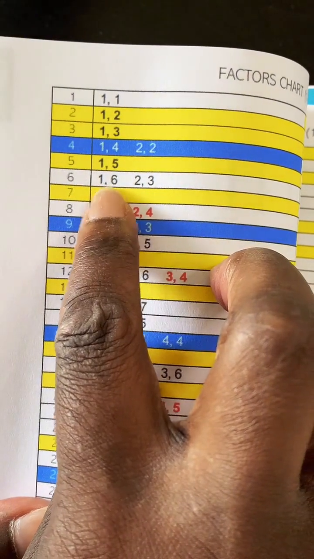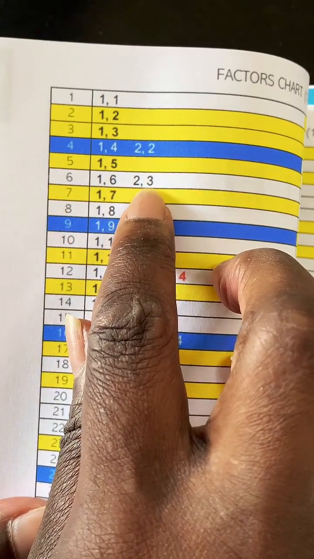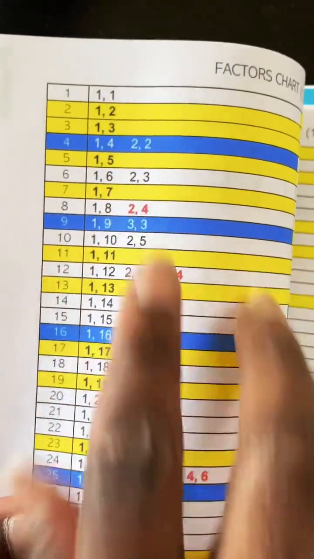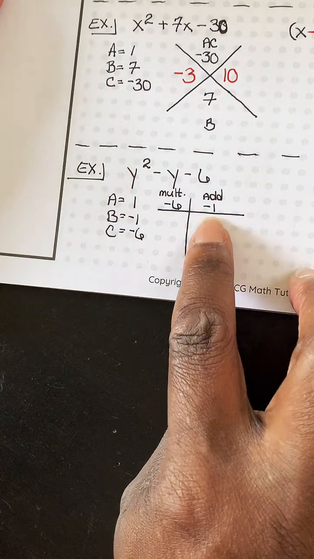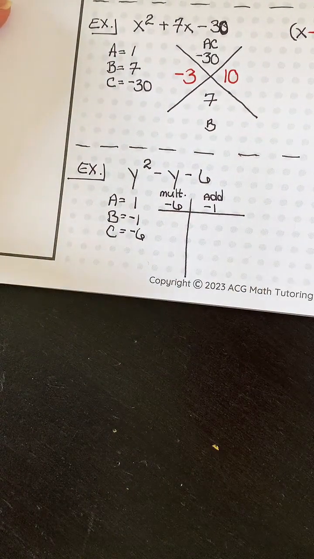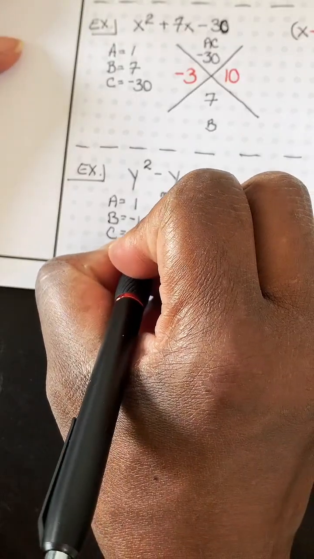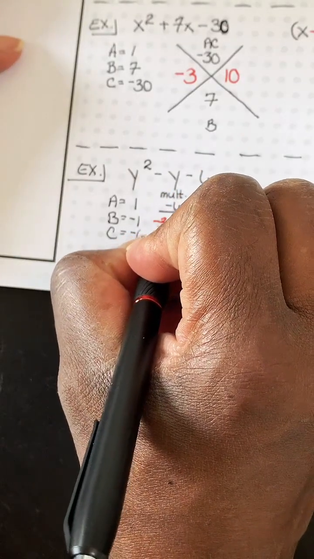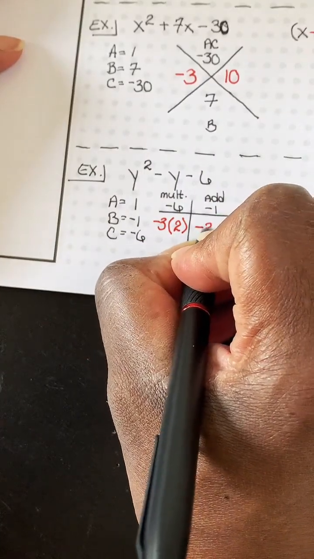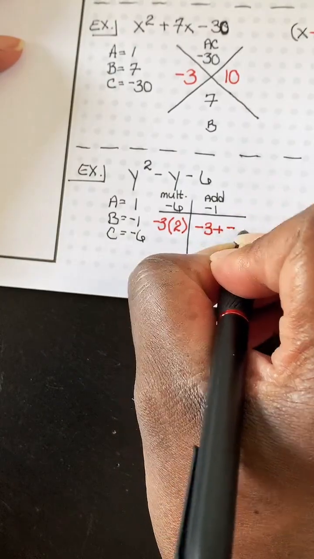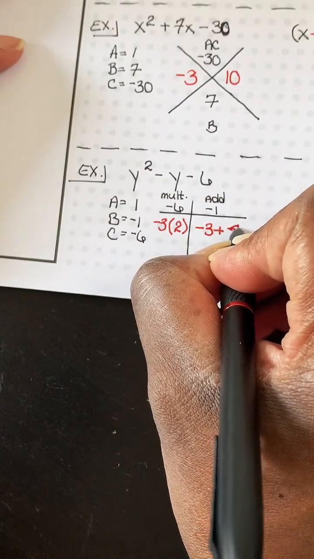So if I do 6 minus 1, that's negative 5. If I do 3 minus 2, that gives me a 1. Hey, we're looking for something that's going to give me a 1. But we're looking for something that's going to give me a negative 1. So if I say negative 3 times 2, I'm losing my mind.